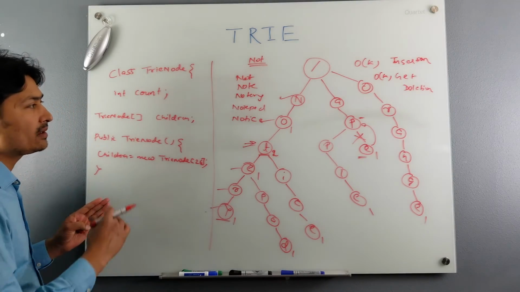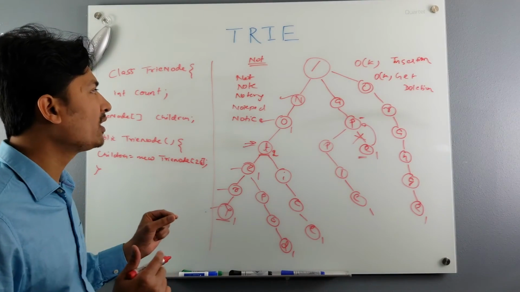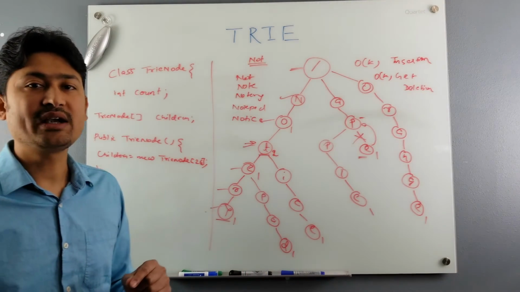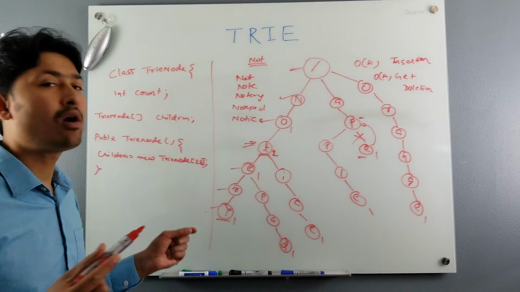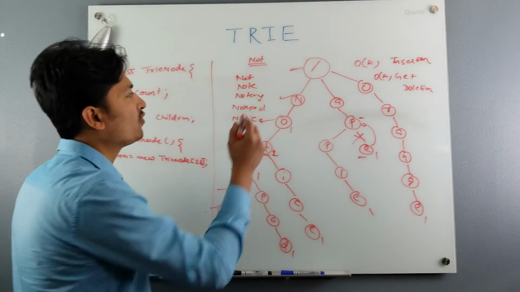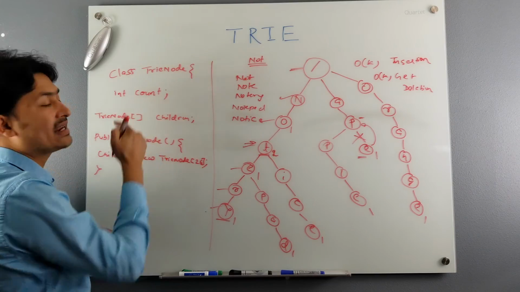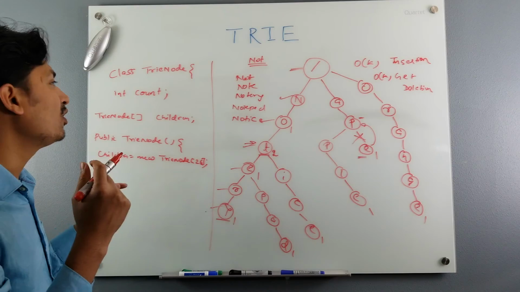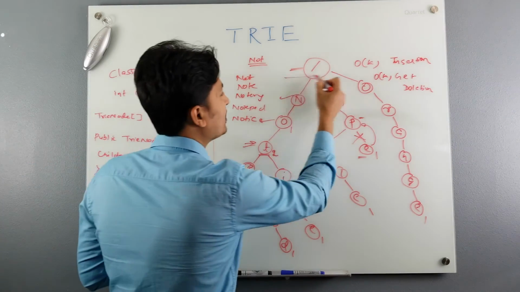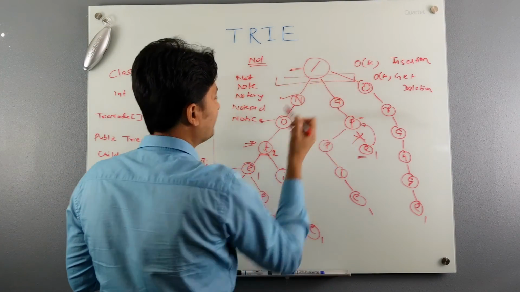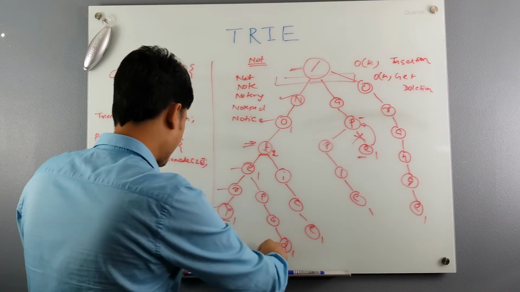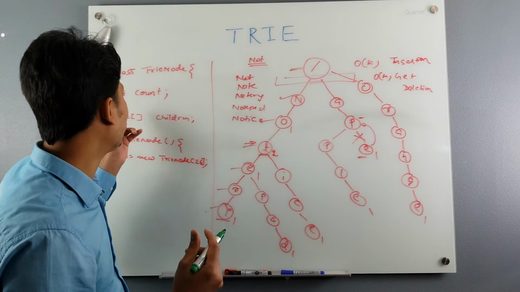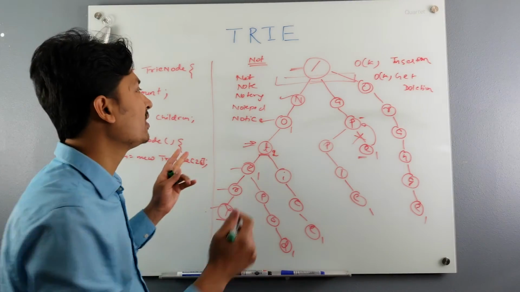So just to understand a little bit more, every node would have a maximum of 26 children, considering all are lowercase English letters. So for the root node, you see it has an attribute which is count, and it has an array of TrieNode of size 26. So in the case of letters, you don't need to have any character kind of attribute in the structure.